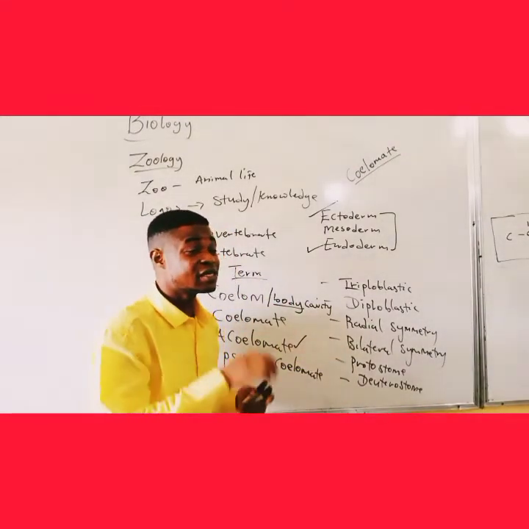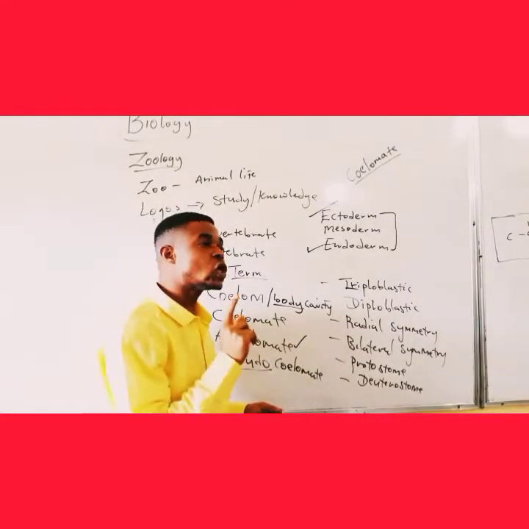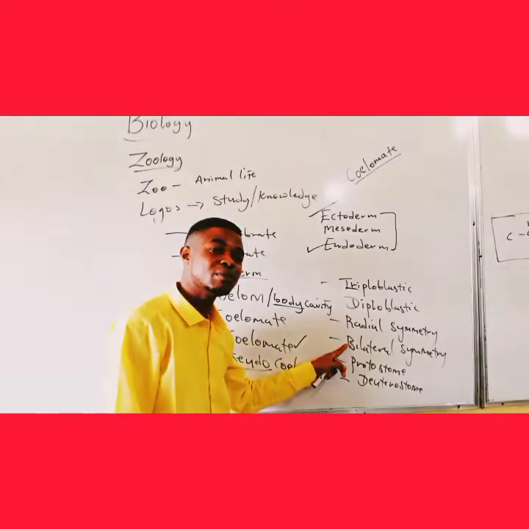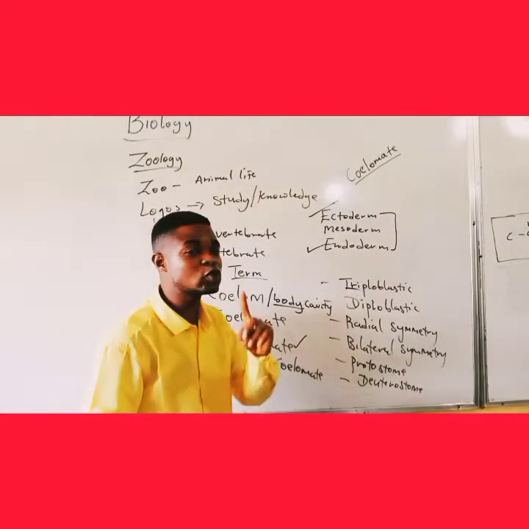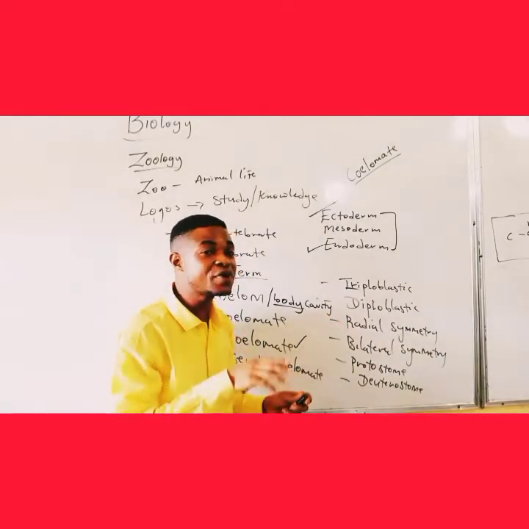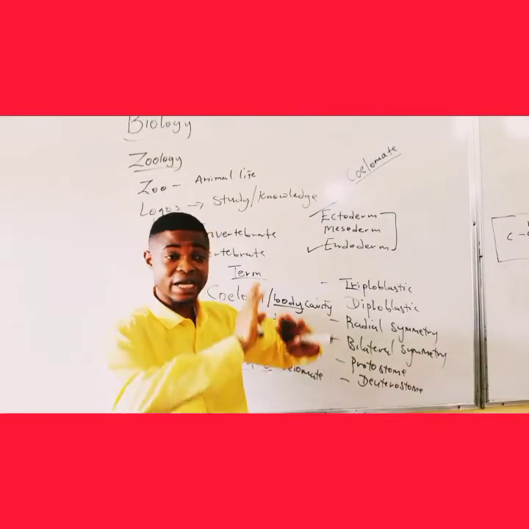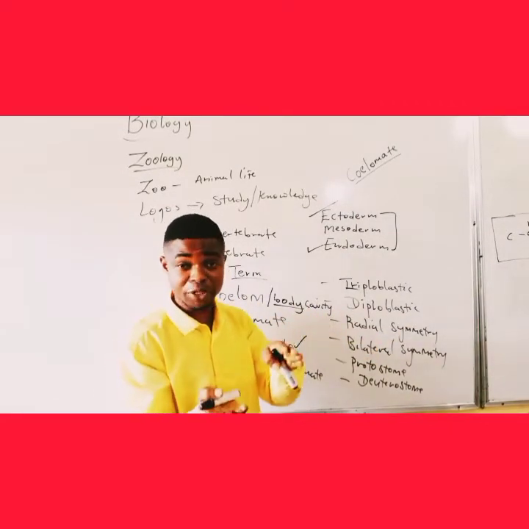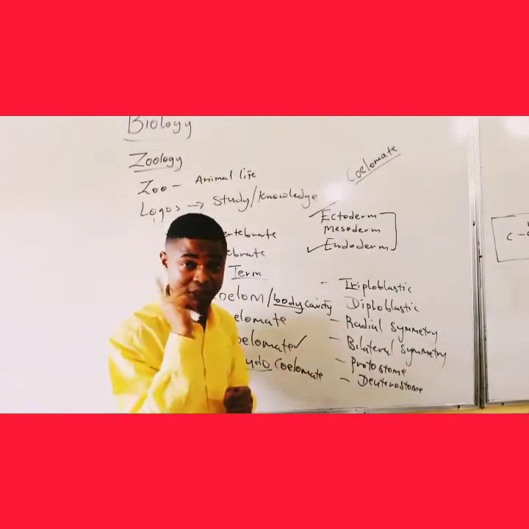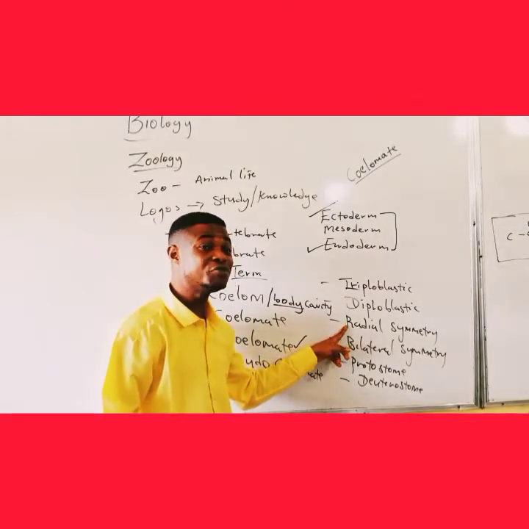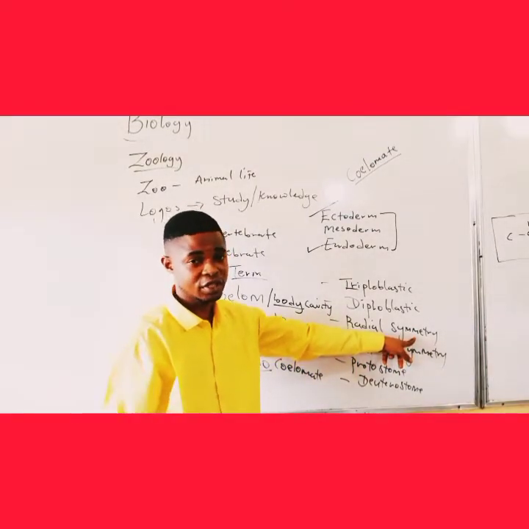When an organism splits from only one plane to yield identical arms, such an organism is said to be bilaterally what? Symmetrical. But if it's possible to split an organism from different planes to yield identical arms that are mirror images of each other, then the organism is said to be what? Radially symmetrical, as it is among the coelenterates, the cnidarians.